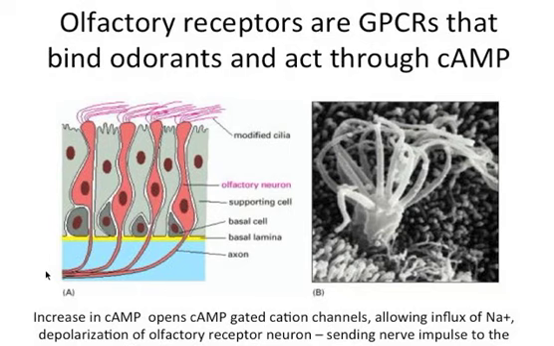You get depolarization of olfactory receptor neurons, and that sends a nerve impulse to the brain, and then you smell something. So just an example of something else, not just gene expression, but something else that's regulated by GPCRs. And here we're dealing with cyclic AMP gated ion channels.